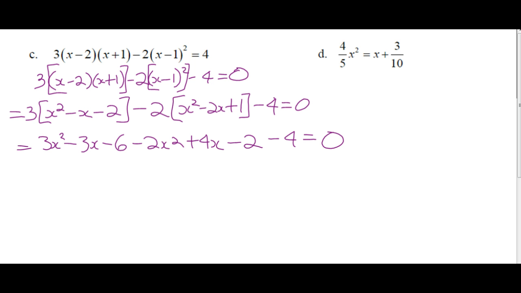Now we're going to collect together. I've got 3x squared minus 2x squared is x squared. Minus 3x plus 4x is plus 1x. What? 2x minus 1, not 2x plus 1, so then a negative 2 would be positive. Which line? On the second line, from the first line it was negative 2x. So you see this minus 1 squared, and then you squared it.